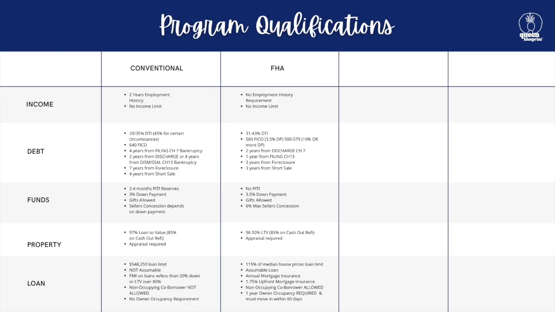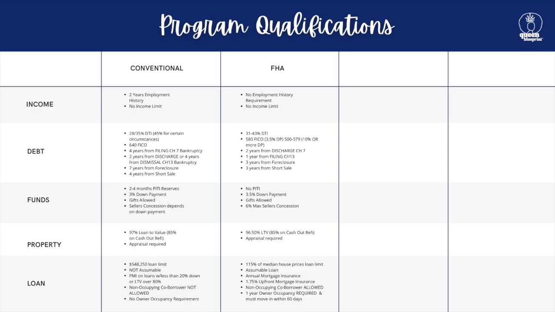You just have to make sure that you can cover the loan, right? But if you can't cover the loan for whatever property you're trying to get, then that's where you can have a non-occupying co-borrower. So let's say your parent wants to go in on the loan with you, but they don't want to live in this property with you. They can with an FHA loan. They can't with a conventional. They can with an FHA, okay?